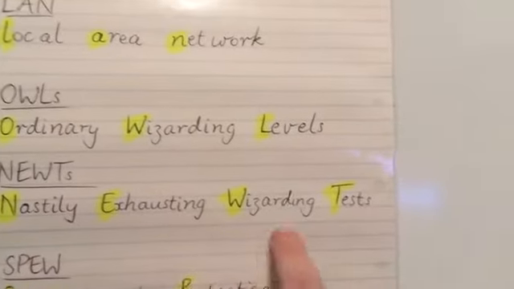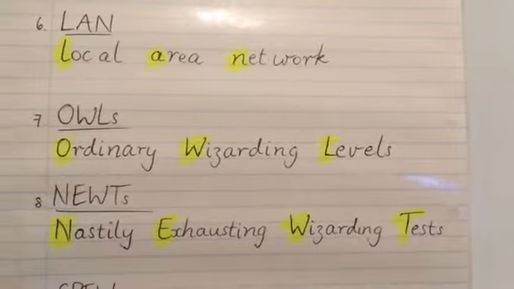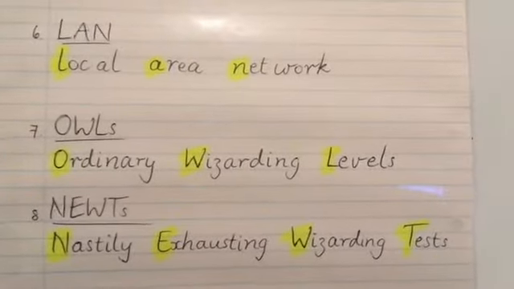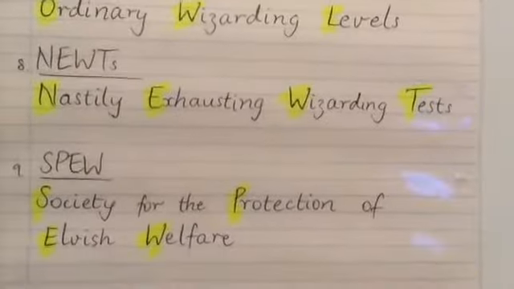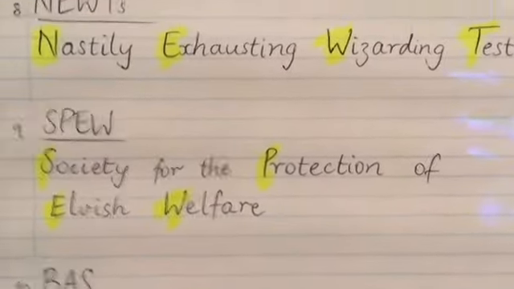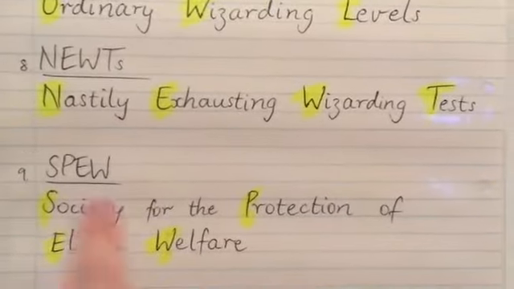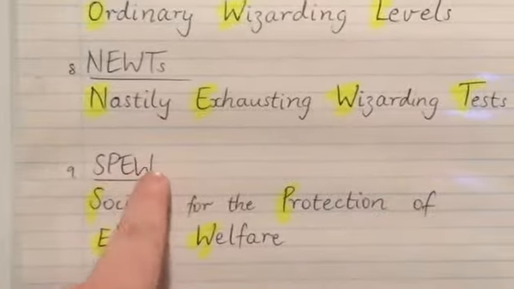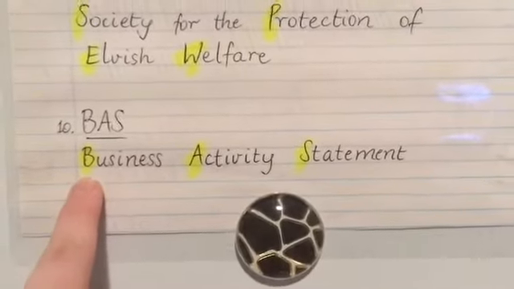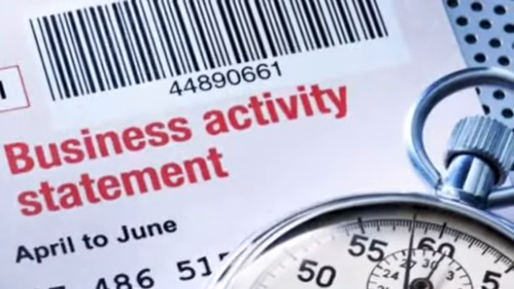Of course, these have been created specifically by J.K. Rowling to be acronyms that are amusing and relevant to the world of Harry Potter. And then the very unfortunately named organisation that Hermione came up with, the Society for the Protection of Elvish Welfare, or SPEW. And then finally, down the bottom here, we've got a business-related acronym, the BAS, Business Activity Statement.